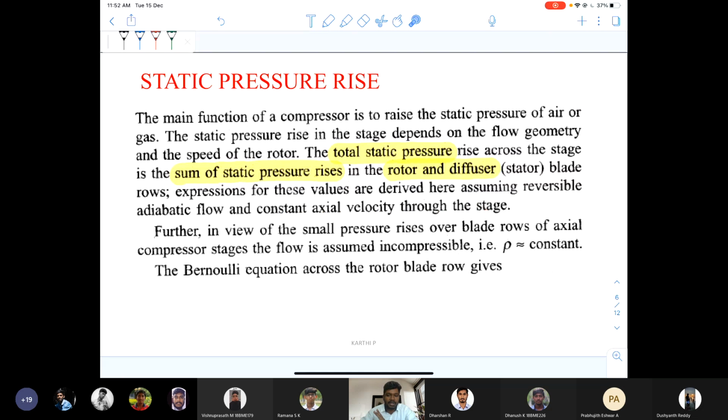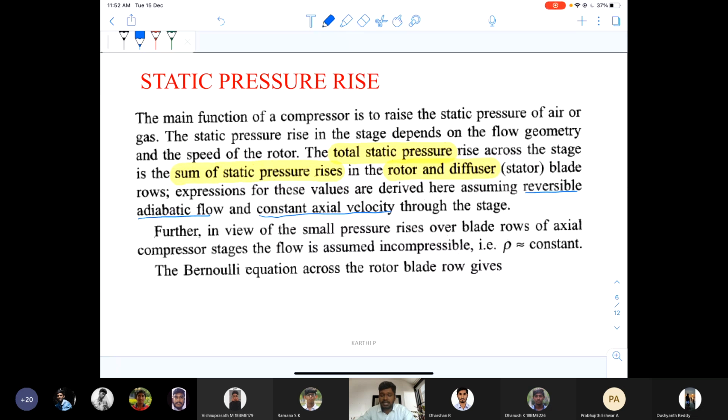We are having two assumptions: one is a reversible adiabatic process, and another is a constant axial velocity.